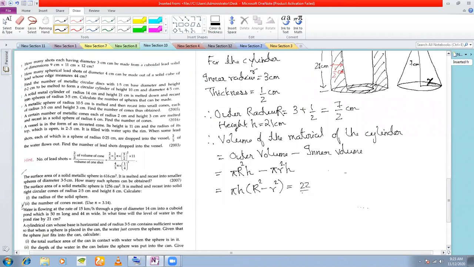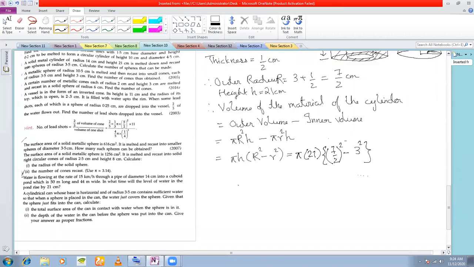So pi is 22 by 7. Or you can skip the value of pi. We'll put the value of pi later. Maybe pi will cancel, so that is why let pi be. Pi and height is 21, and outer radius here is 7 by 2, and inner radius here is 3 centimeters.